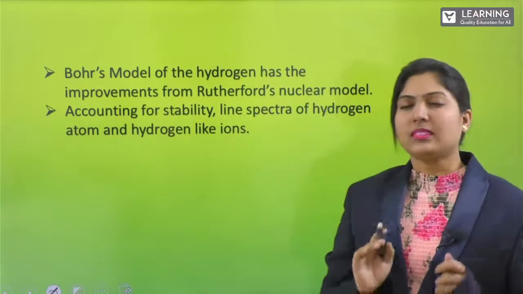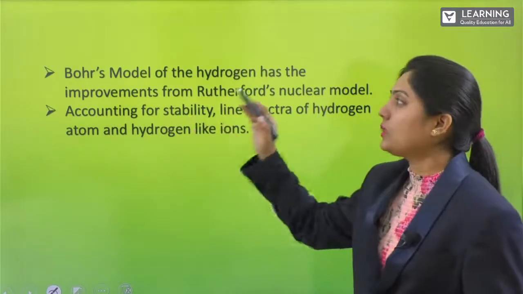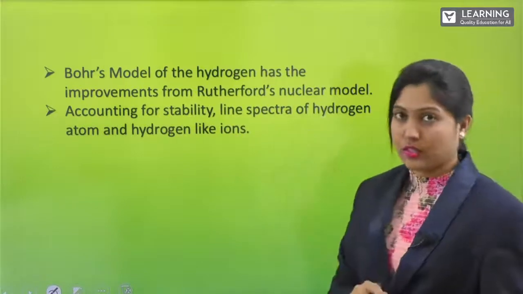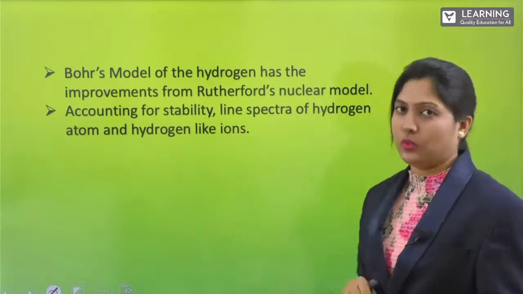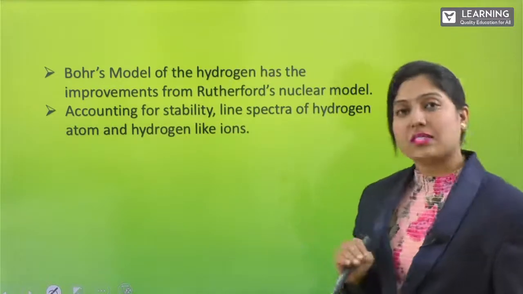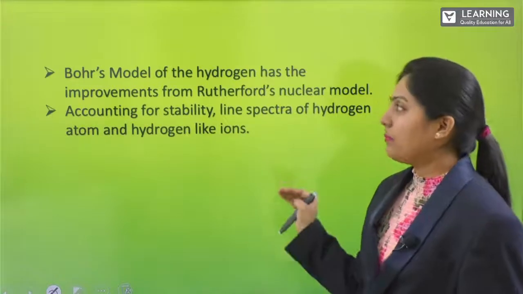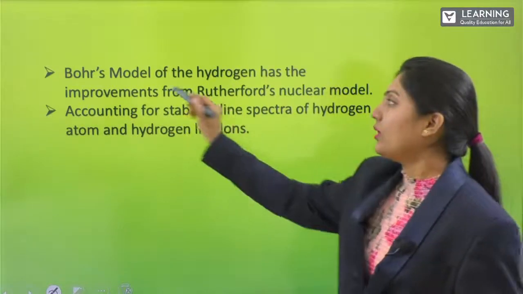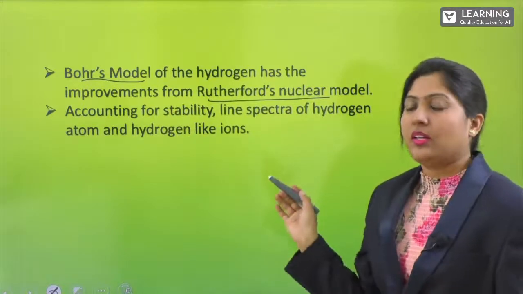Fine. So now we'll get into Bohr's model. What has Bohr's model of hydrogen improved? Yes, it has improvements over Rutherford's, but it also has some demerits. We'll speak about that. But previously, let's know how Bohr differs from the Rutherford nuclear model.